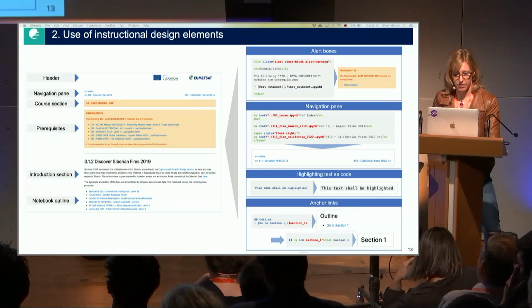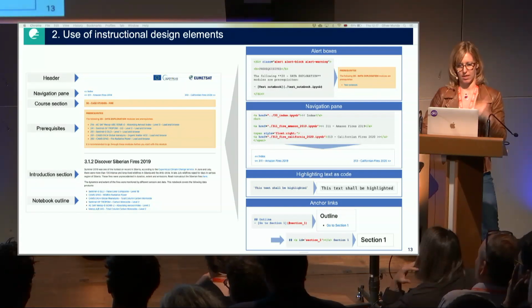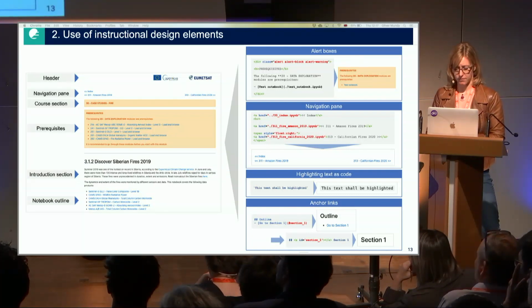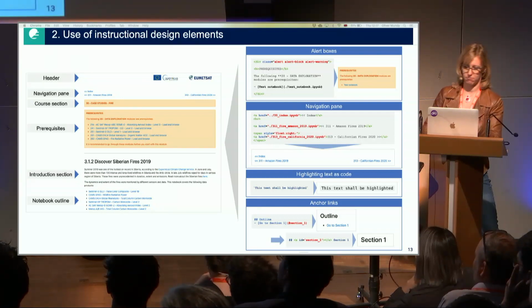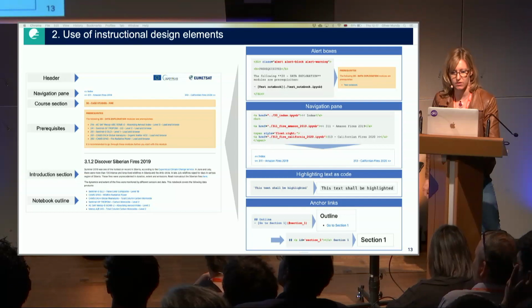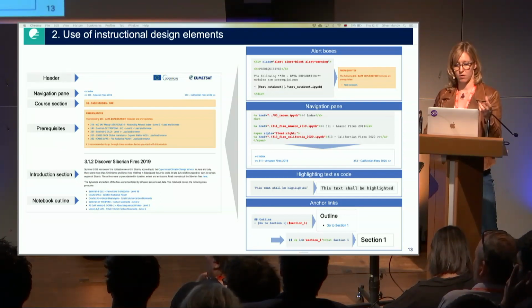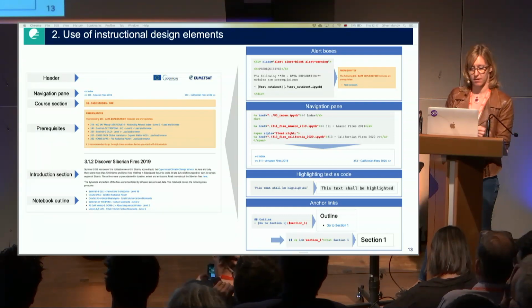If you click on it, it helps you jump to specific content sections. If you open a notebook, you have a navigation pane that lets you go back to the index or to the next notebook. It also shows you relevant other content which uses the same set of data, for example.